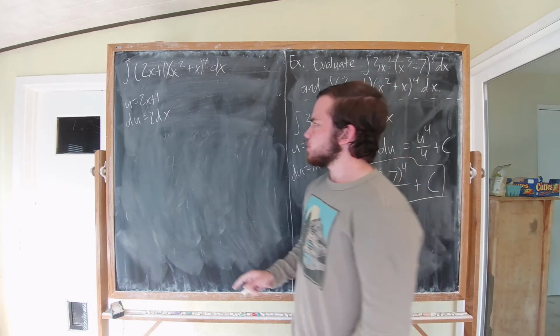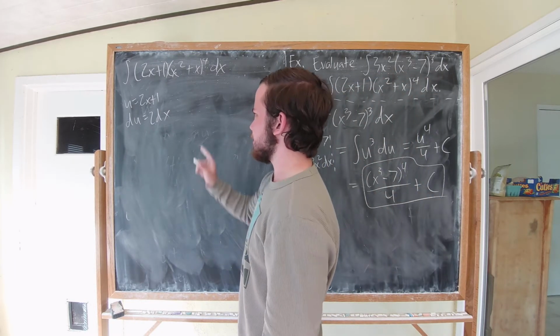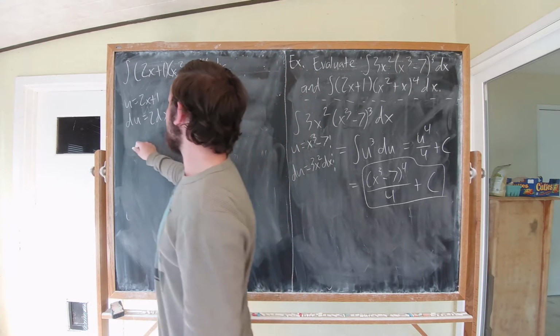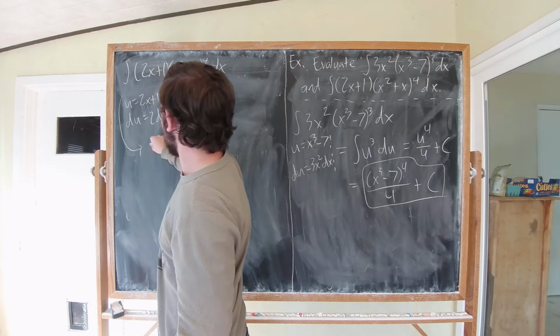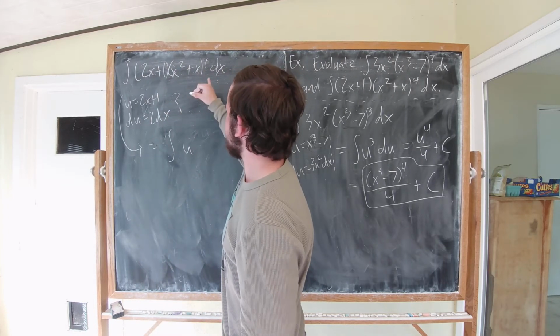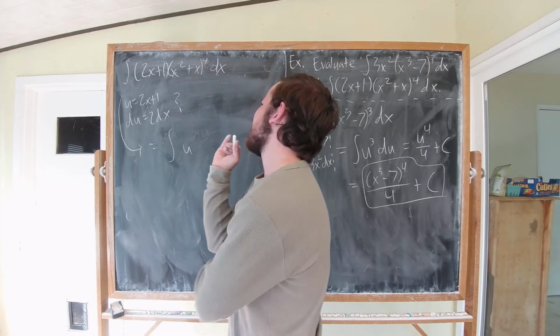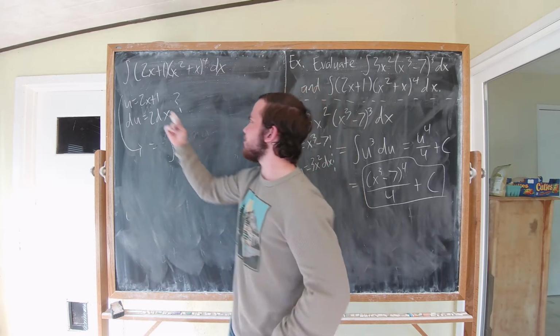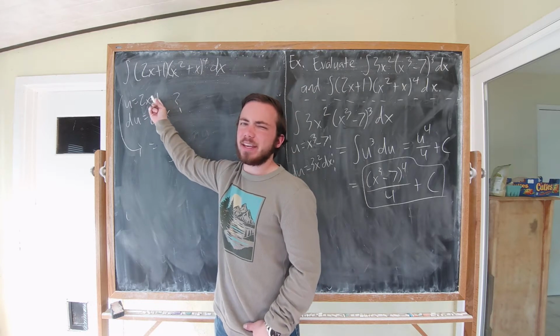Okay, so if we just try to plug this substitution into our integral, what would it become? Well, we have a u, then we have this (x squared plus x) to the 4th. And I'm not really sure how to get this in terms of our u easily, right?